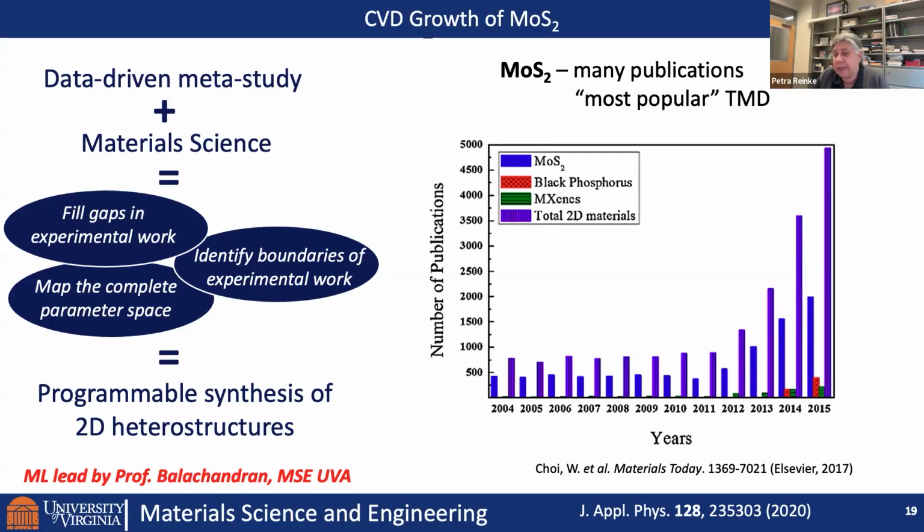So I convinced my colleague, Professor Balachandran, who is an expert in ML and AI nowadays, to think about how much can we really learn from data which are in the literature. Or finally, also from experimental data we produce, but the challenges are actually quite similar.